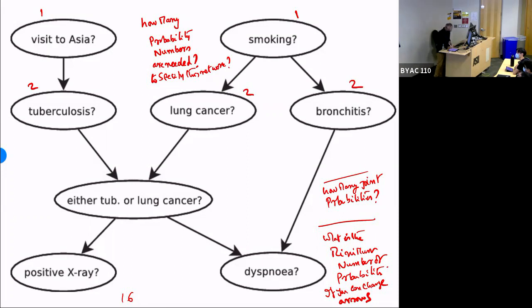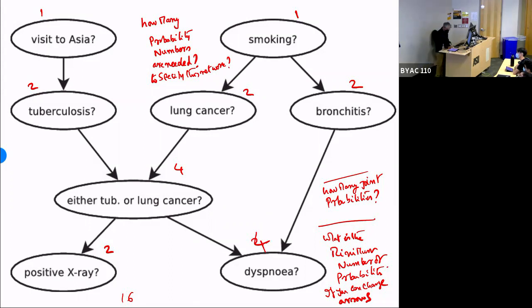This one requires 4 because it has 2 parents. And then this one requires 2, this one requires 2. You're right, there's 4 here.